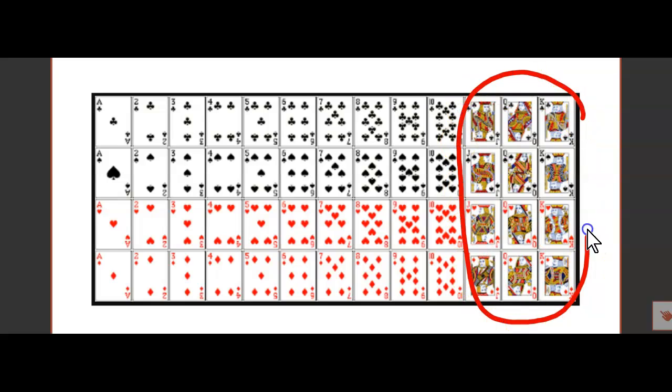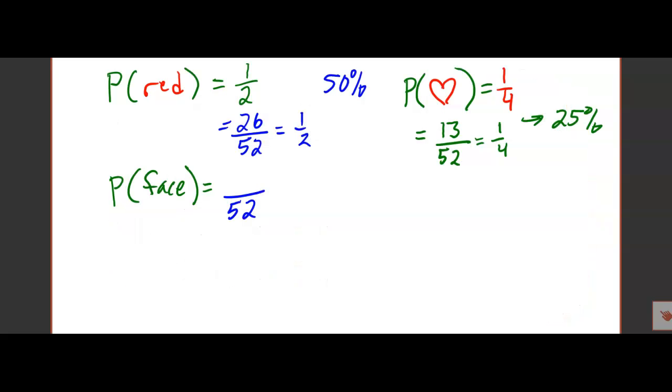So in a standard deck, there are 12 face cards. So what is my probability? 12 out of 52, that reduces to 3 out of 13.